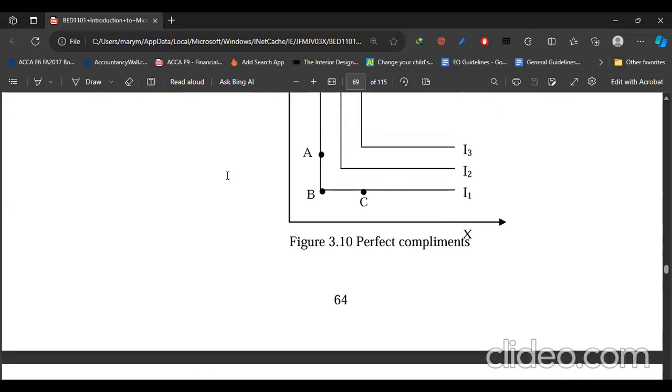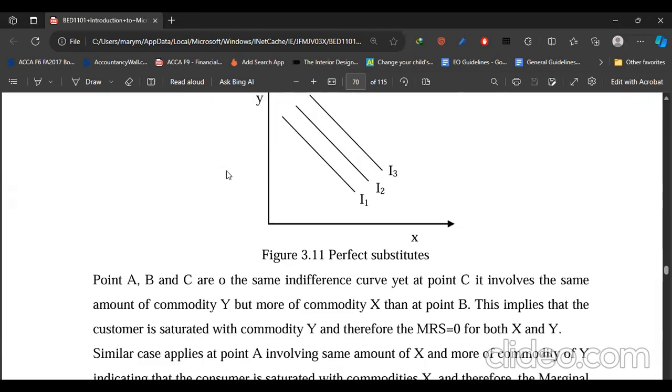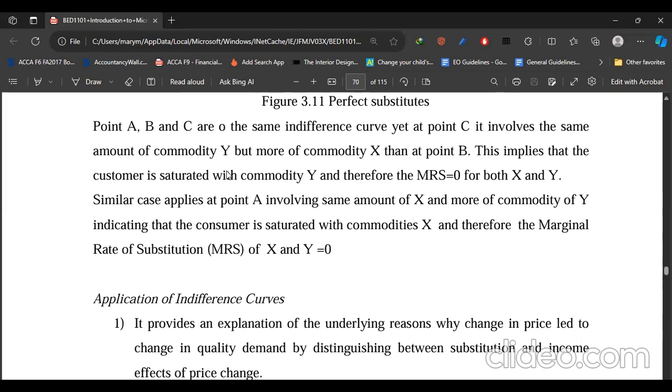Because these curves are running to the origin, and you can see how the curves are looking. They are in an L shape. And that is what we are explaining, what it applies to points A, B, and C, and what it implies to the commodities which you are consuming. That is why we are saying that they normally follow the aspect of the marginal rate of substitution for both products.